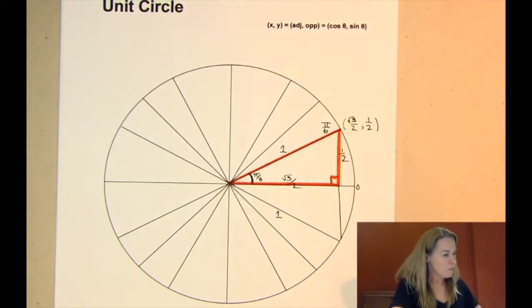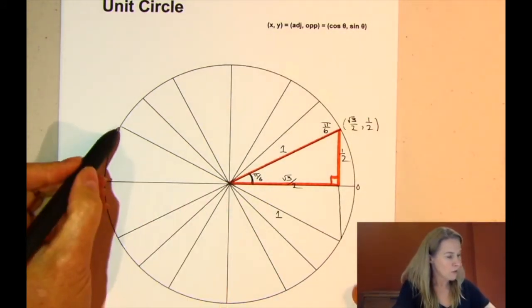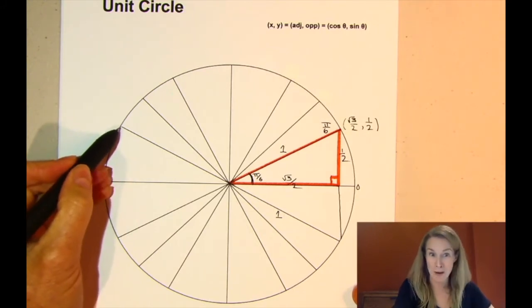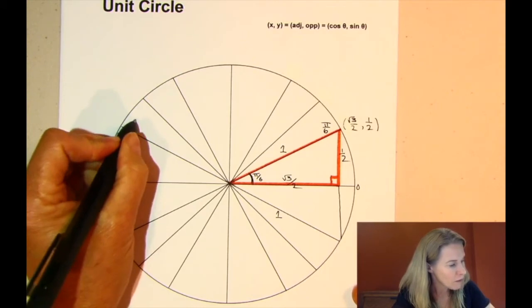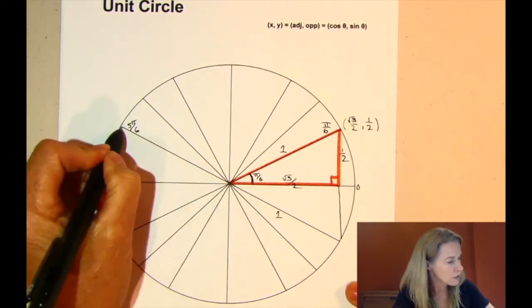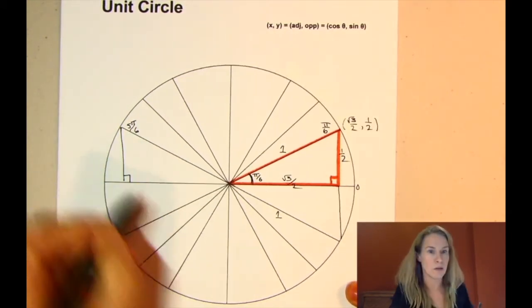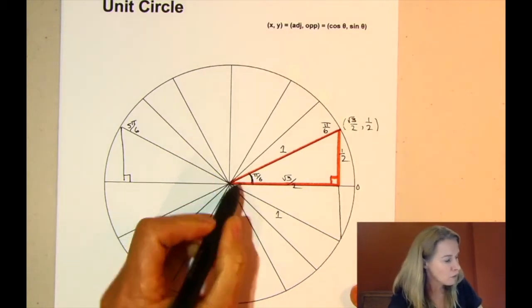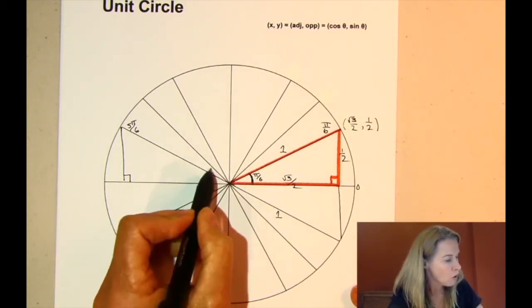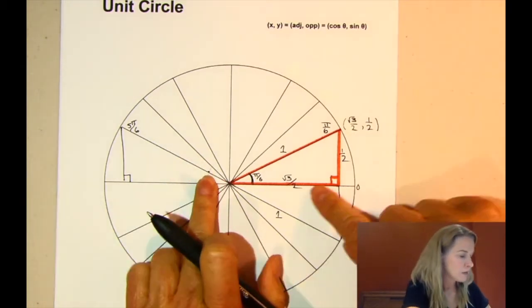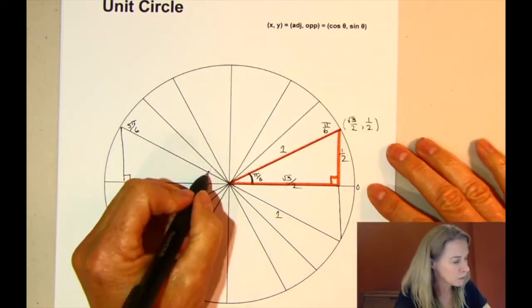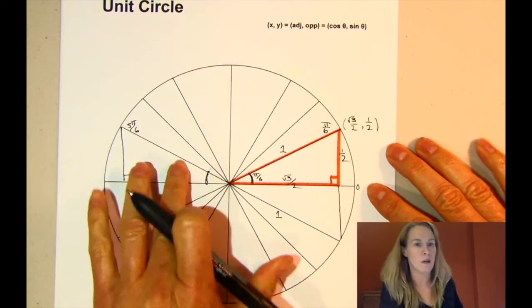Now I'm going to go over to this guy over here, which of course is 5 pi over 6, right? This angle here, 5 pi over 6, and I'm going to just sketch in the triangle there, little right triangle. So again, the angle from 0 all the way around to here gives us 5 pi over 6, but I'm going to be looking at this little triangle here.